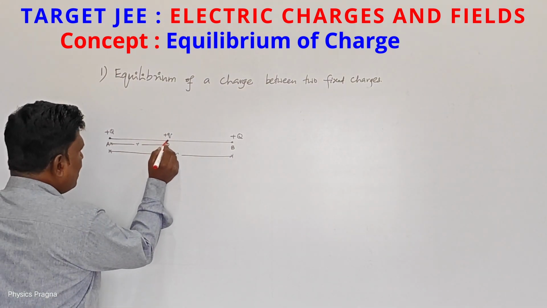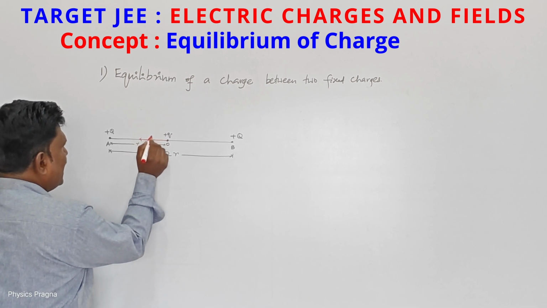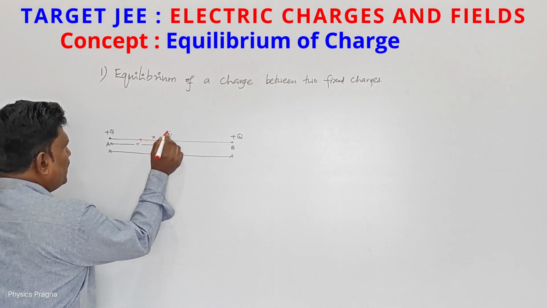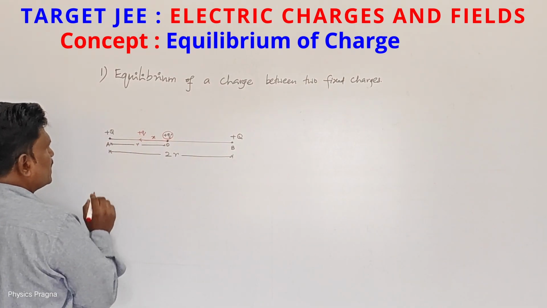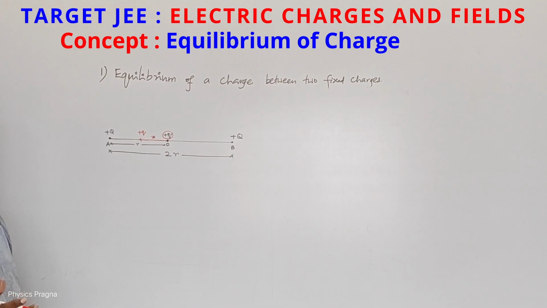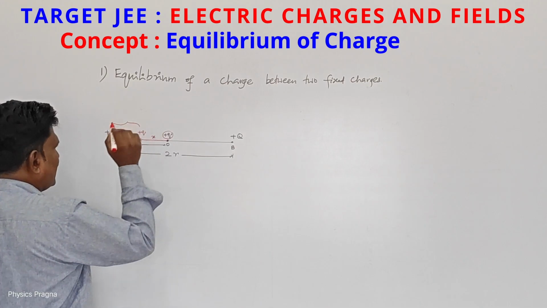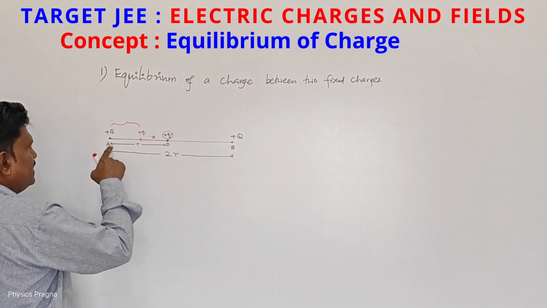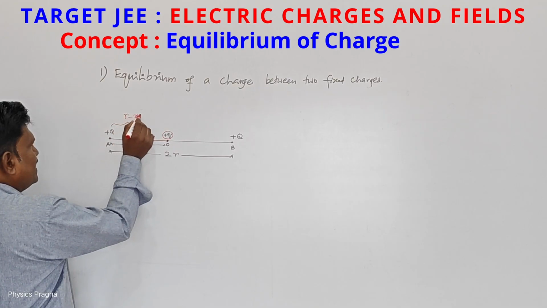So I have moved this to x distance. Now the plus small q is here. When we want to calculate the force, we need the distance between the charges. The distance from A to small q is r minus x.